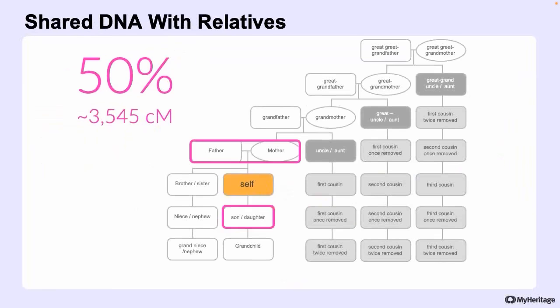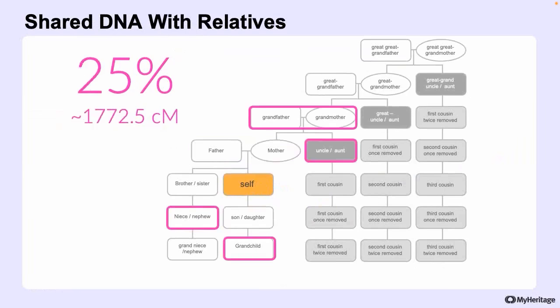Now, 50% means that we share that with one of our parents or a child of ours. So we get 50% of our DNA from our mom and 50% from our dad, and we pass 50% of our DNA on to our offspring, to our child. So 50% represents either a parent or child relationship.